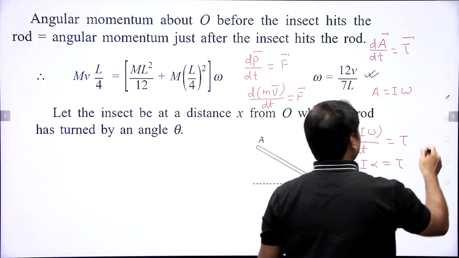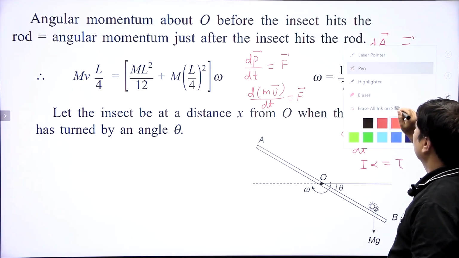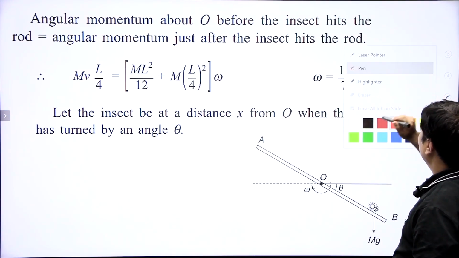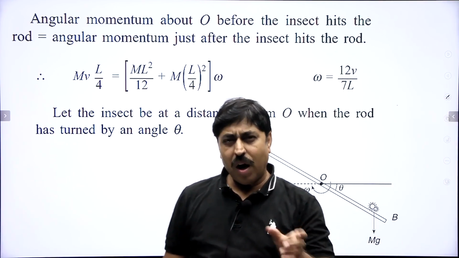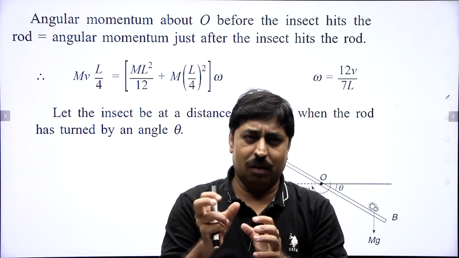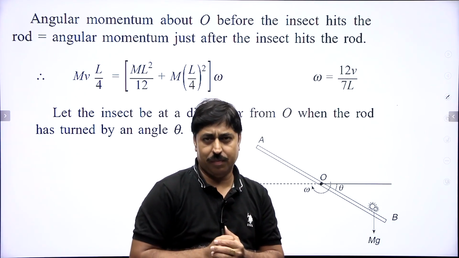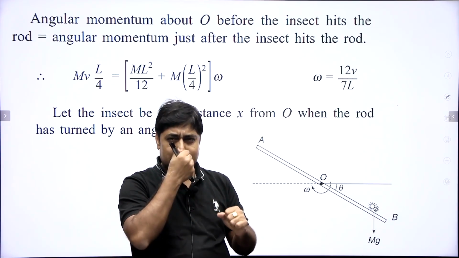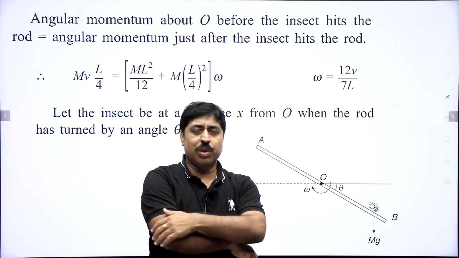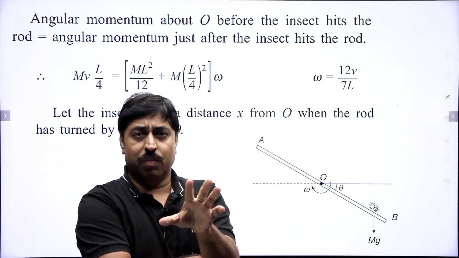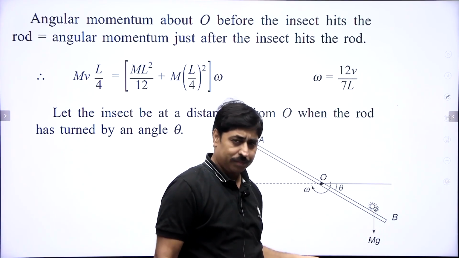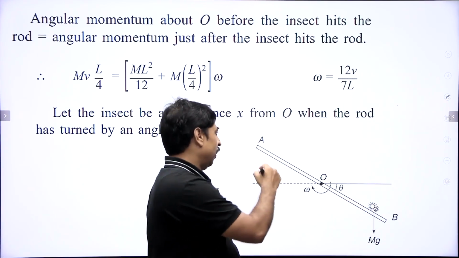Now, there is one another thing that is quite intriguing. What is that thing actually? What actually is happening is a bit difficult to understand. Suppose somebody says that I observe the motion of the insect sitting in the rotating reference frame, which is rotating with an angular speed omega. Rod is rotating with angular speed omega.